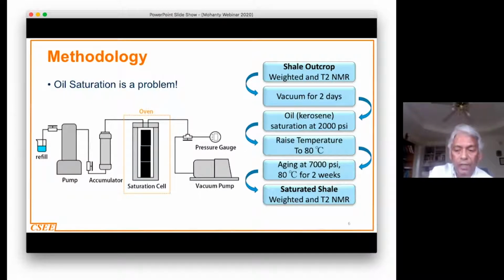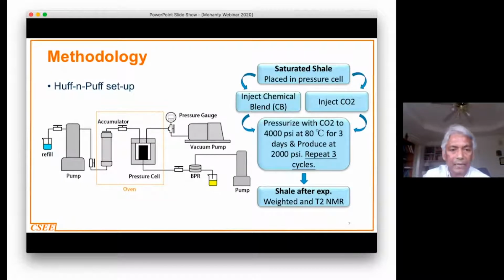To do the real Huff-n-Puff experiment, we do the following. We again have a pressure vessel, and we put a core in there. Then we inject either the chemical blend or the CO2 as needed, and we pressurize to about 4000 psi at about 80 degrees C for about 3 days.